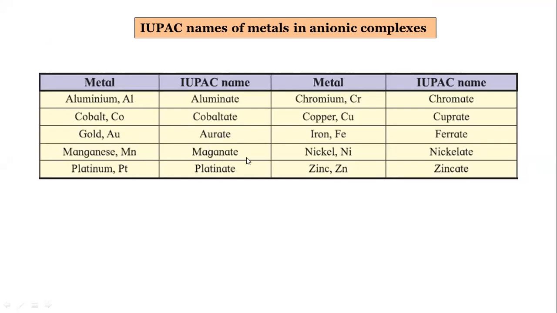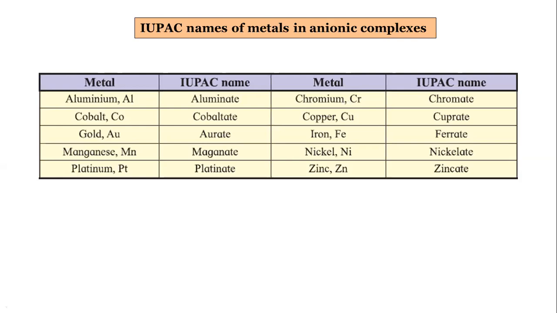Platinum, platinate. We have to give these names when the complex is anionic, meaning when the complex is negatively charged. The name of the metal should not be like aluminum, cobalt, gold; it ends with ATE. And you know how to identify the anionic complex, the cationic complex, and the neutral complex.